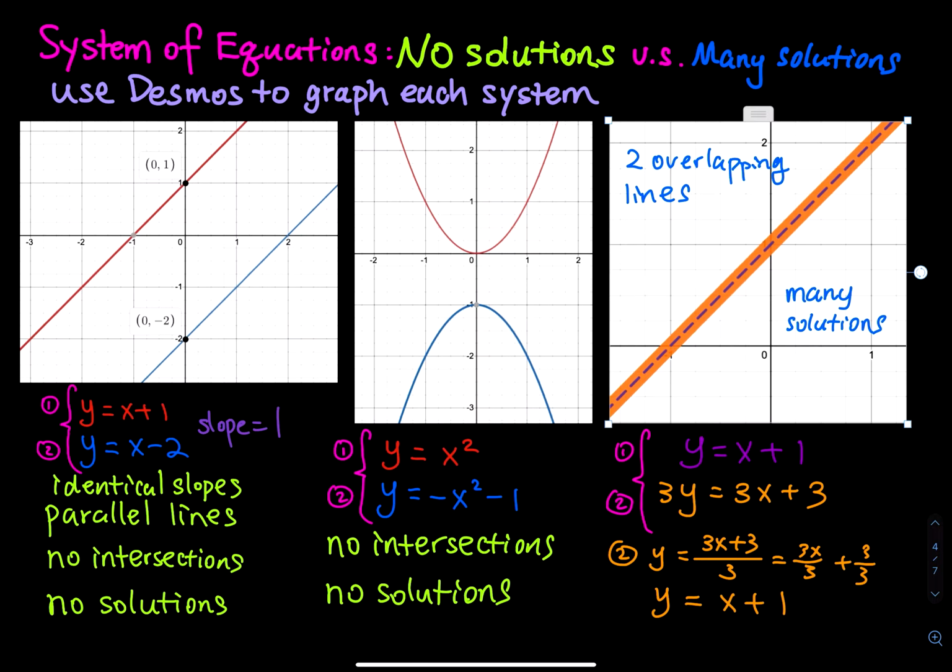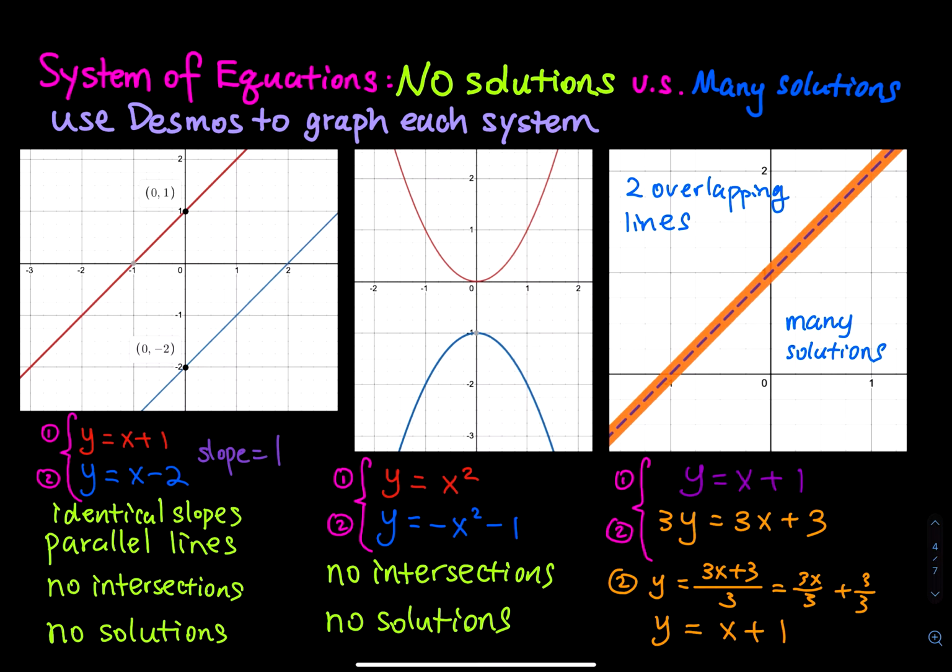For the second equation, when you divide both sides by 3, 3y becomes y, and 3x plus 3 divided by 3 gives x plus 1. The slope is equal to 1, the y-intercept is at (0, 1). So right over here, the y-intercept is at (0, 1).